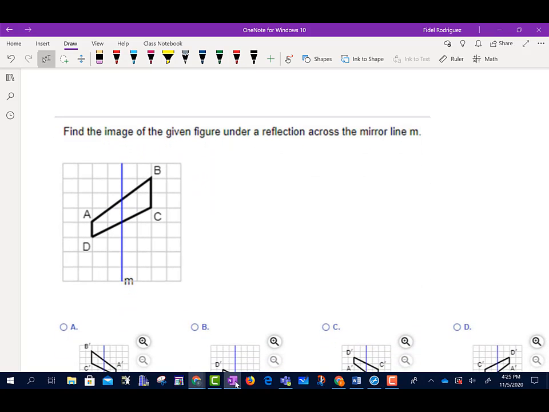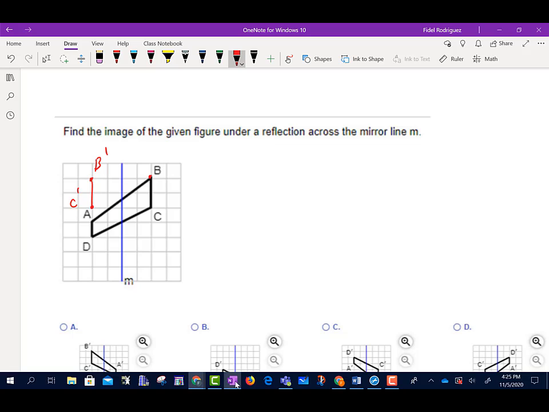All right. And so the next one here says, find the image of the given figure under reflection across the mirror line M. So here's my mirror line M. So let's do it this way. Let me get my pen. It's freezing up one more time. There we go. So this point here would now be over here. That would be B prime. And C would be right here, so C prime.